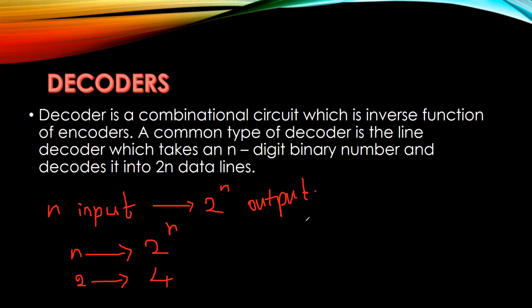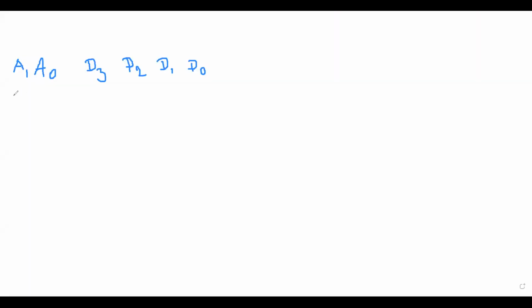So now we can see the truth table for the 2 to 4 decoder. So this is the inverse function of the encoder. So here you can put it easily.